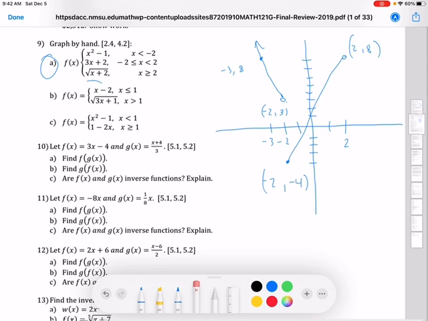All right, so let's plug in 2. 2 plus 2 gives you 4. Square root of 4 is 2. Is this solid? It is solid.